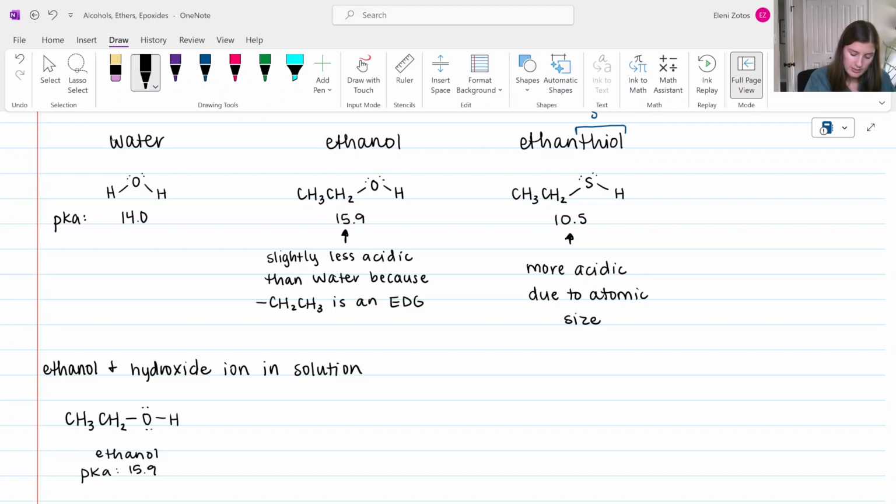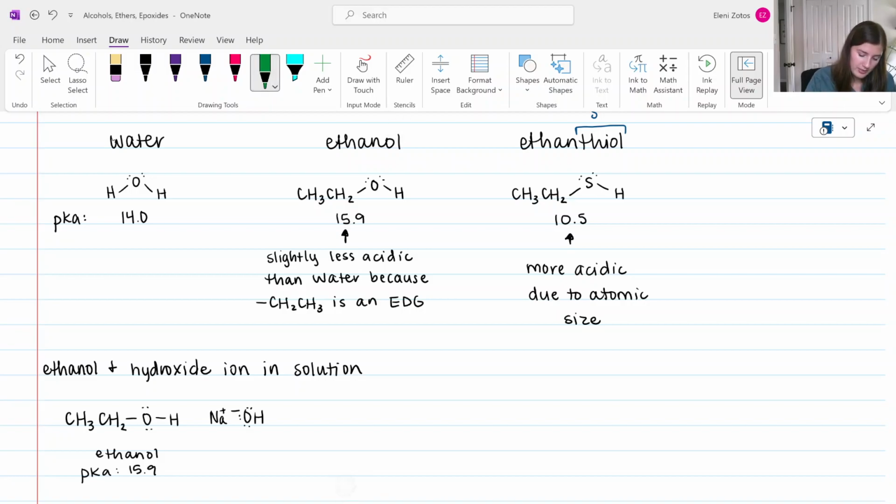Now if we have hydroxide ion in solution, that's OH minus. Oftentimes, the way OH minus is actually added to solution is by adding sodium hydroxide.